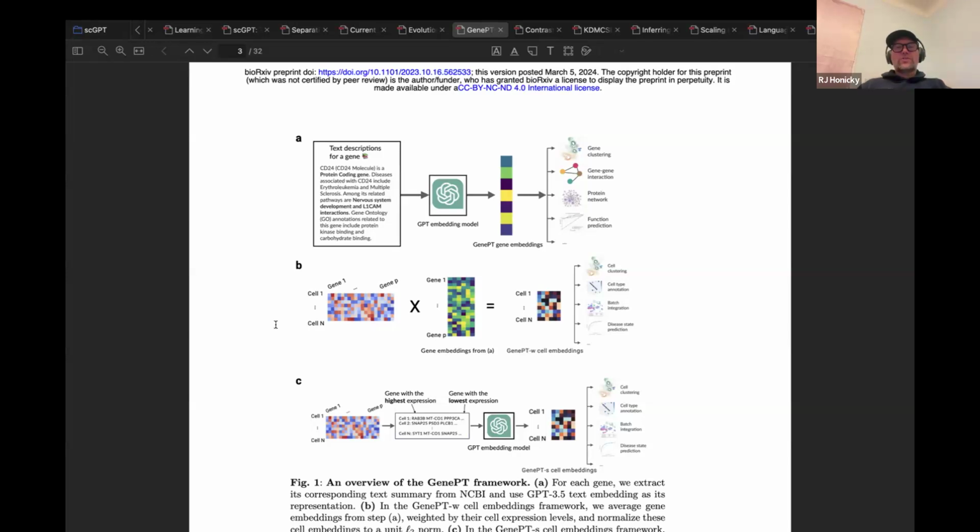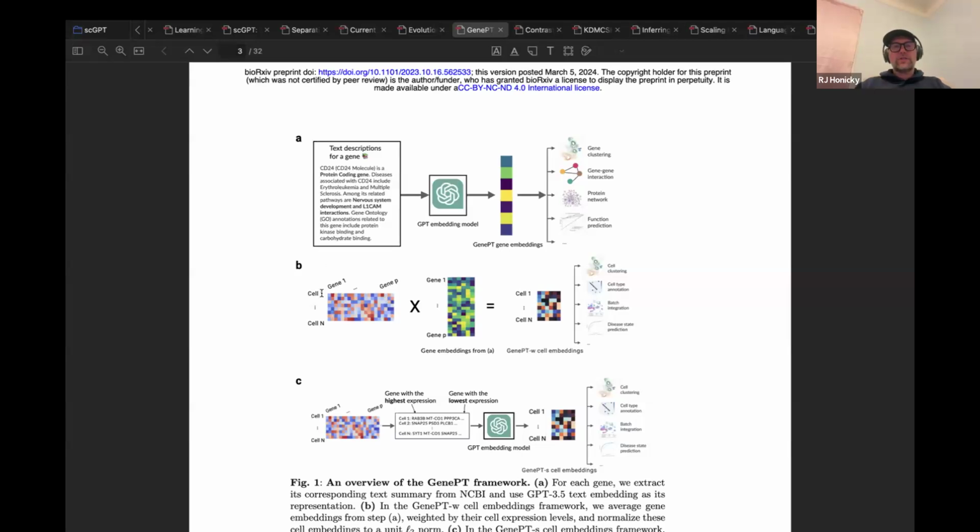Yeah, so okay, here, let me go over this diagram then. What happens is you have a cell, and that cell has gone through a set of cells, N cells, and they've gone through this sequencing thing. So you have an expression level for each gene for each cell, right?